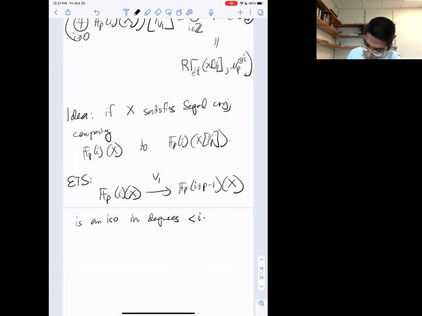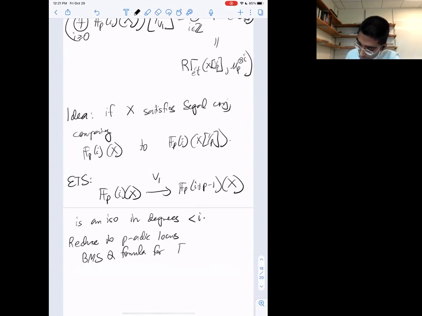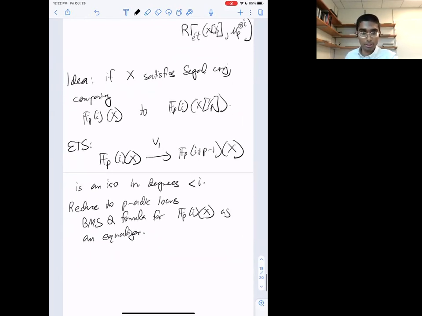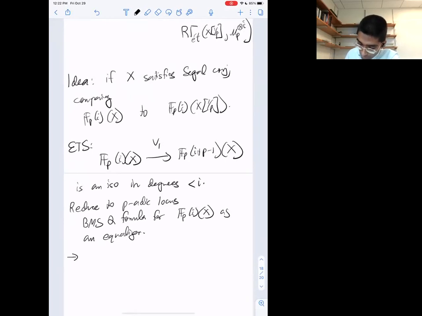Again, all the action is really happening at the p-adic locus. So you reduce to the p-adic locus, and you use the BMS2 formula for F_p(i)(X) as an equalizer. And then it's essentially a linear algebra argument, which maybe I should not try to give right now.